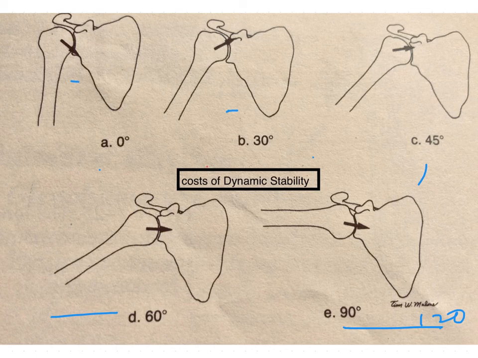This range is called the painful arc. What is the range for the painful arc? From 60 to 120 degrees of combined glenohumeral and scapular abduction. This range constitutes the painful arc.